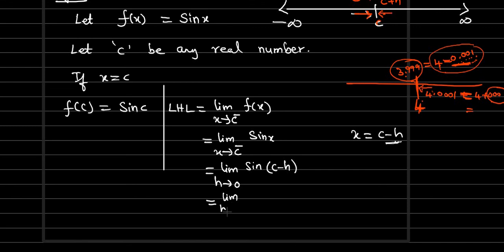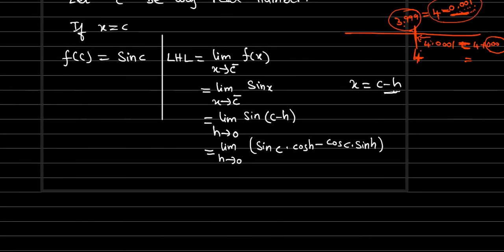So limit h approaches 0, by the sin(A minus B) formula, sin c cos h minus cos c sin h. Now I am going to substitute the limit value. When we apply the limit, no need to carry the limit.